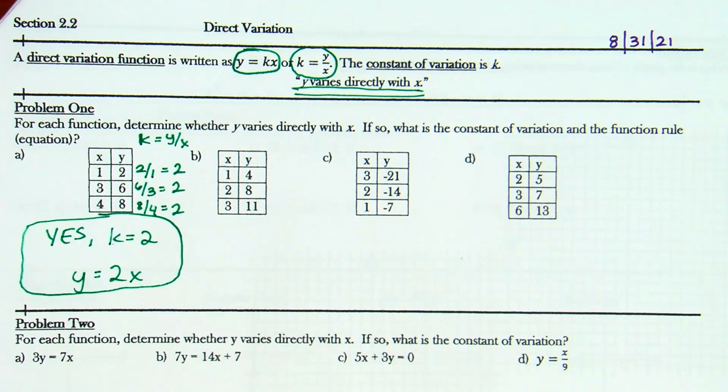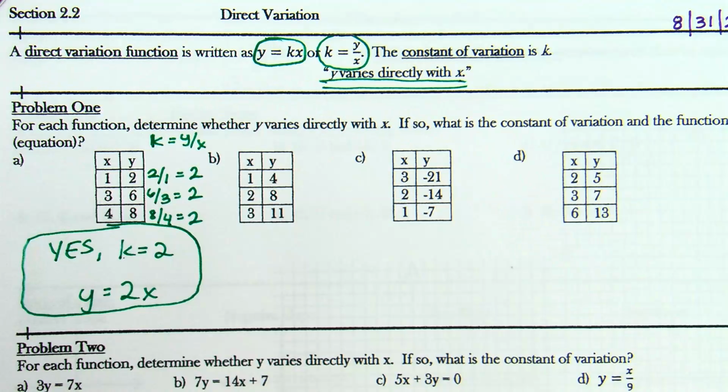Try B. Again, I want to know if it's direct variation, so we're going to check y divided by x. What's the first set? 4 divided by 1 is 4.